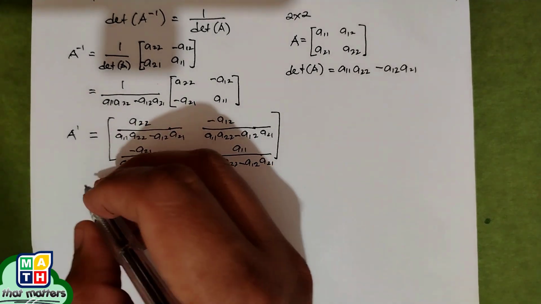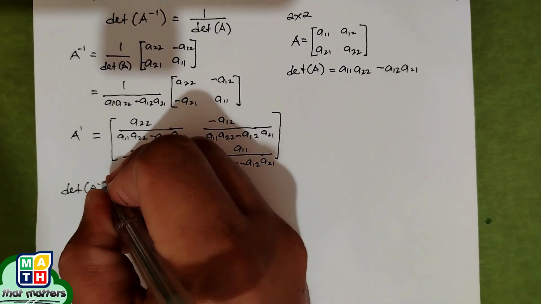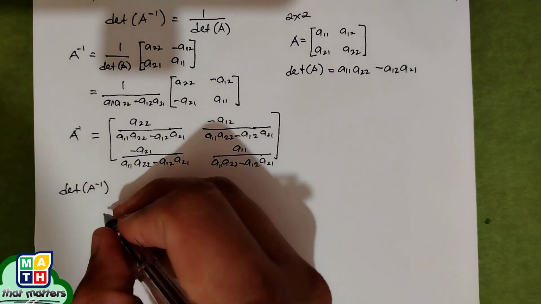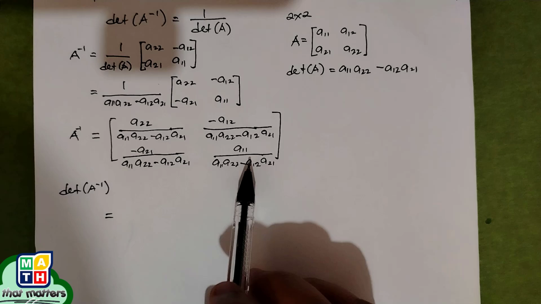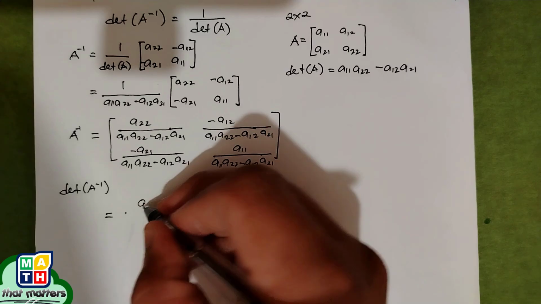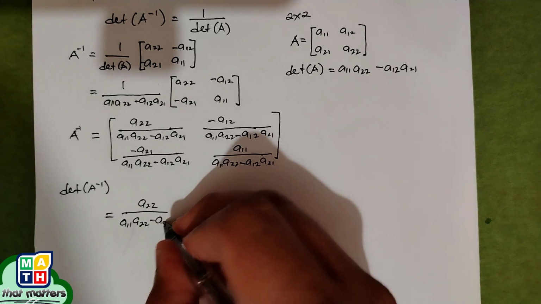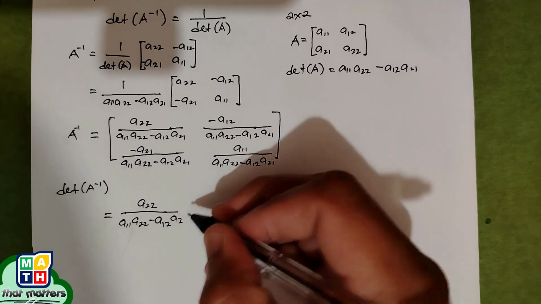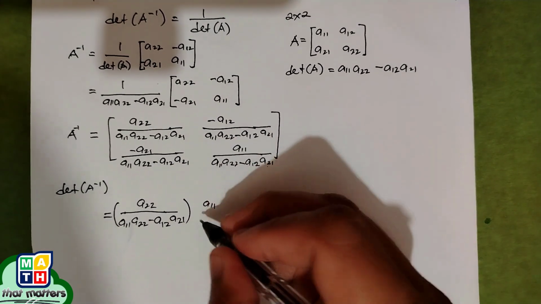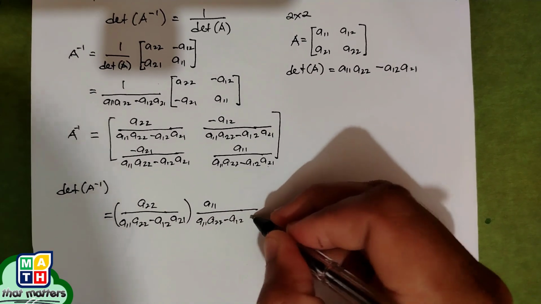So the determinant of the inverse, using the formula, is equal to: you have here A22 over A11 A22 minus A12 A21, to be multiplied with A11 over A11 A22 minus A12 A21.